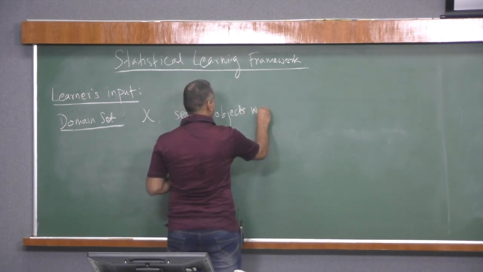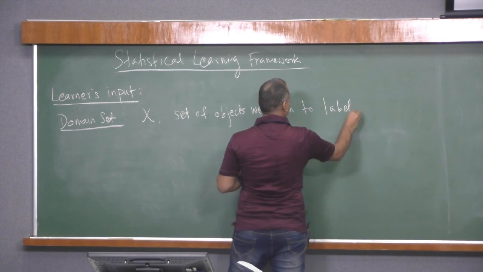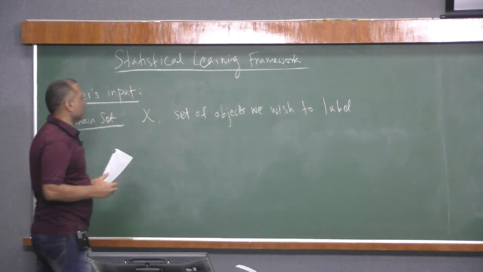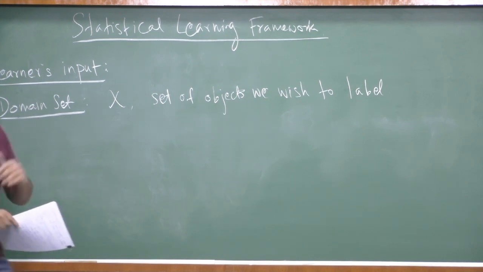As an example, it could be a set of images, and we would like to say whether that image has a cat or not.